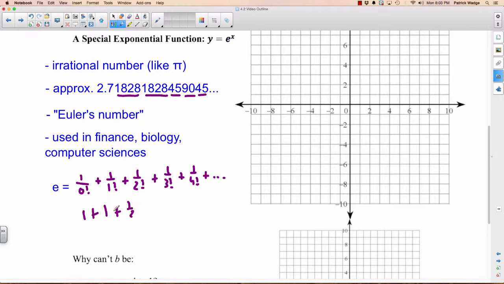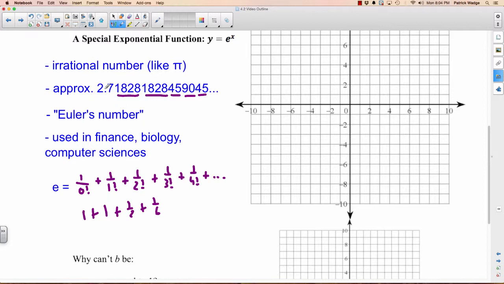So we get 1 plus 1 is 2, plus a half is 2.5. We're getting closer. Okay, should we do one more? What's 3 factorial? That's 3 times 2 times 1, so that's 6, and 1 over 6. And if you add all those up, you get 2 and 2/3, or 2.66666. Oh, we're getting very close, and I'm going to stop there, but it's kind of cool and actually kind of blows my mind that this works. And the more of these you do, the closer and closer and closer it gets to this. And it doesn't take many more.